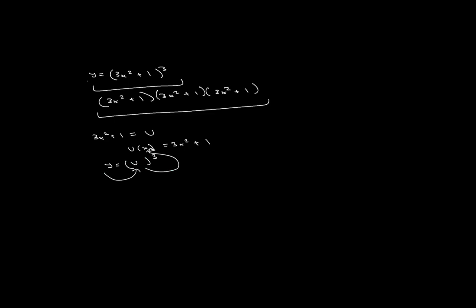What the chain rule tells us is that if we have any composition of functions, so if we have some f of g of x, then the derivative of f of g of x is equal to f prime of g of x times g prime of x, right?